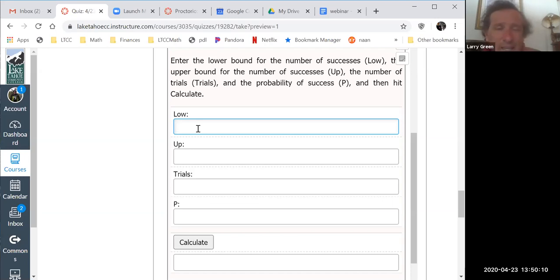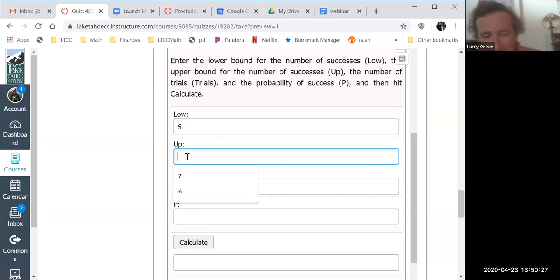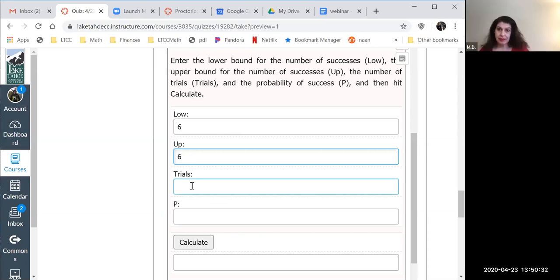Now if we want to find out the probability of exactly 6, what's the lower bound? 6, yeah, it's just 6. Anything under 6 is not exactly 6. What's the upper bound? 6 again, because anything over 6 is not exactly 6. Our trials, that was our 35.